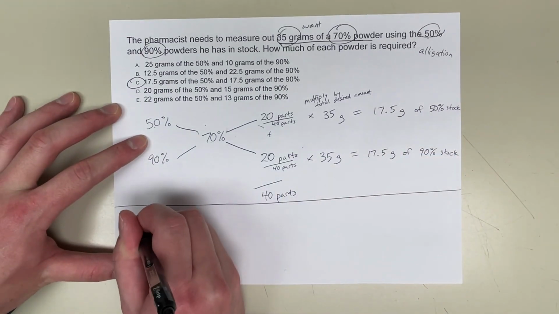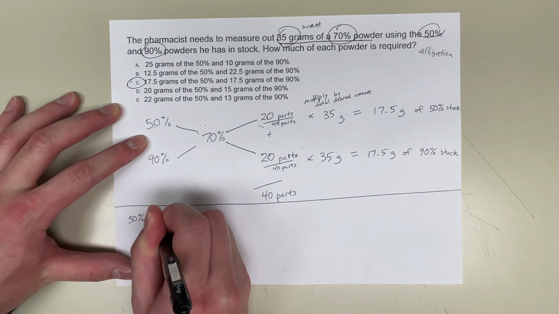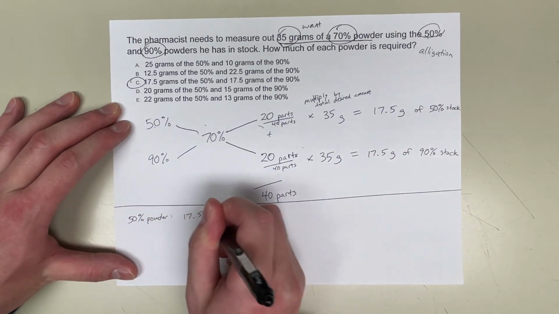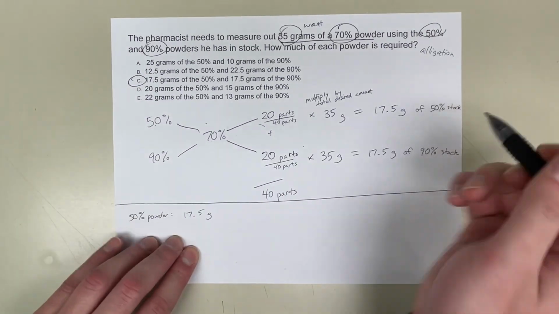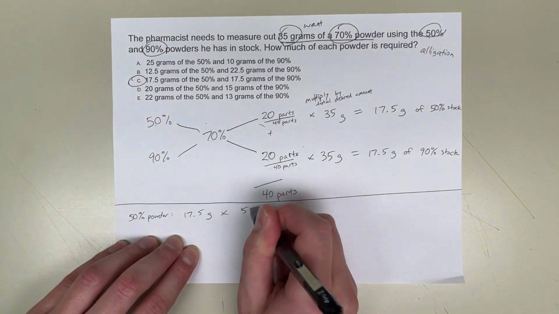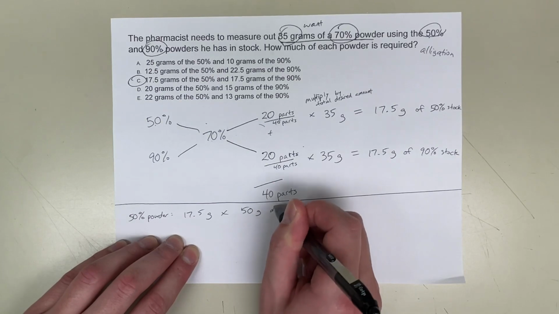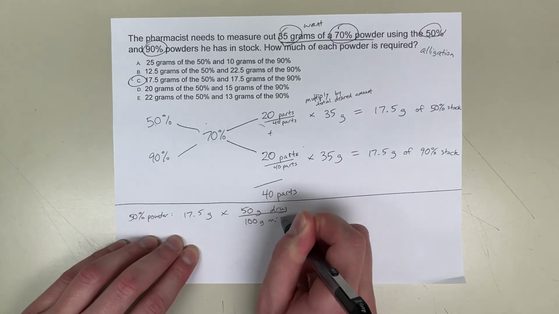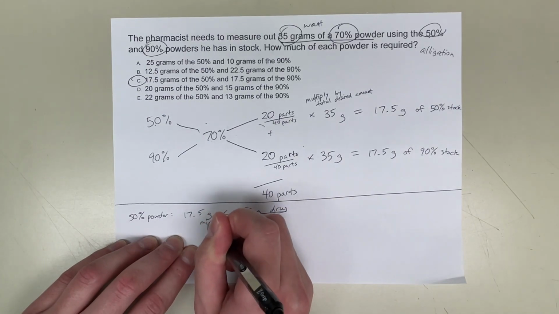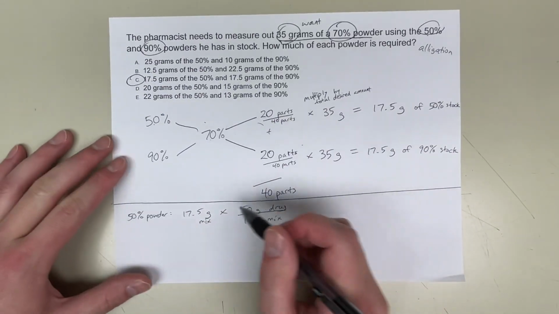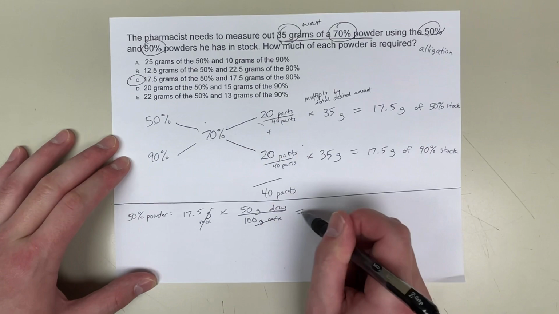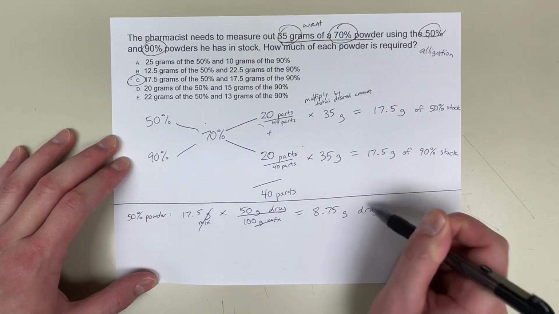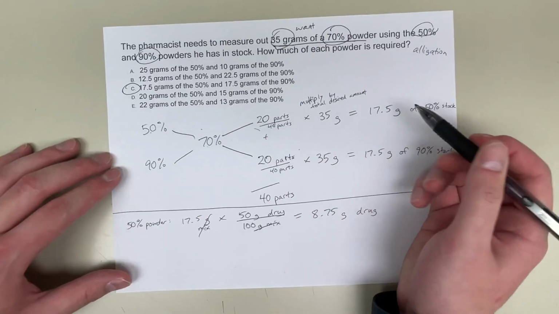So for the 50% powder, 17.5 grams, and then multiply it by my concentration, which is 50 grams of the drug over 100 grams of the mixture. So grams of mixture cancel out, and it equals 8.75 grams of drug. That's in the 50% powder.